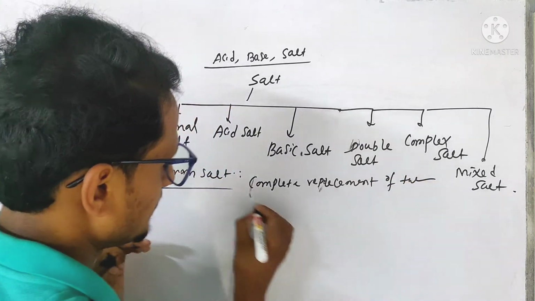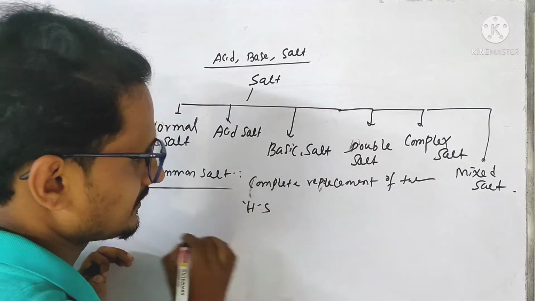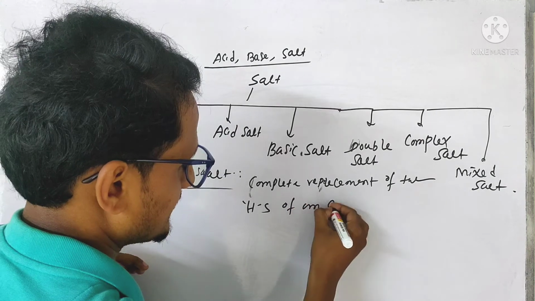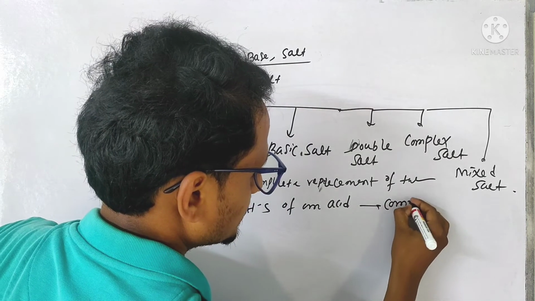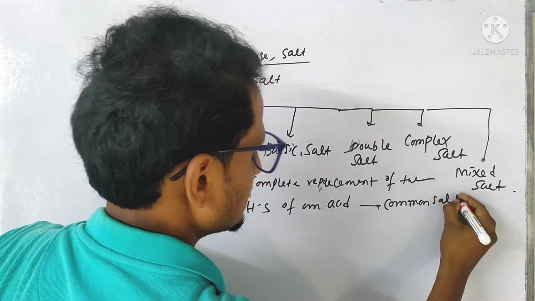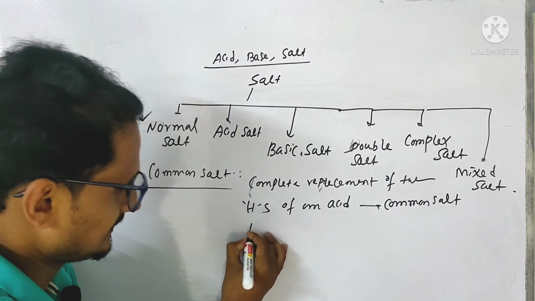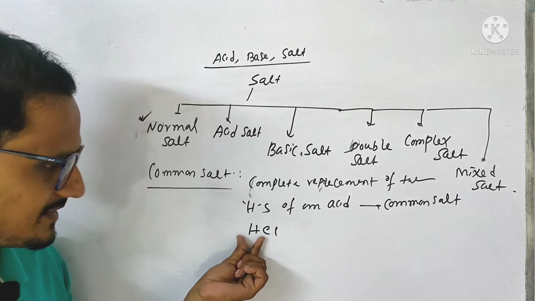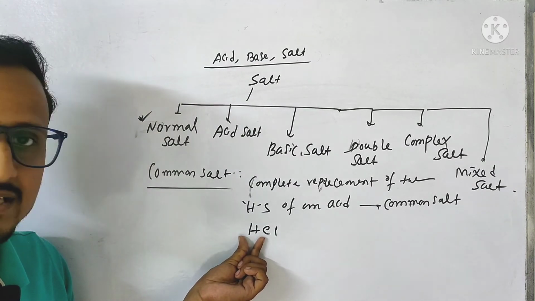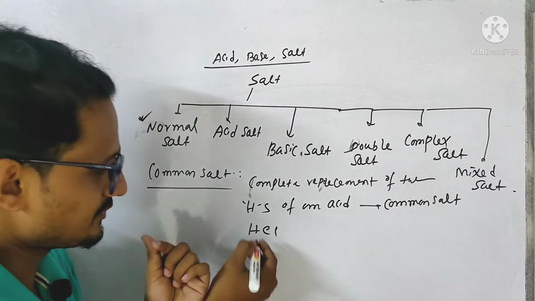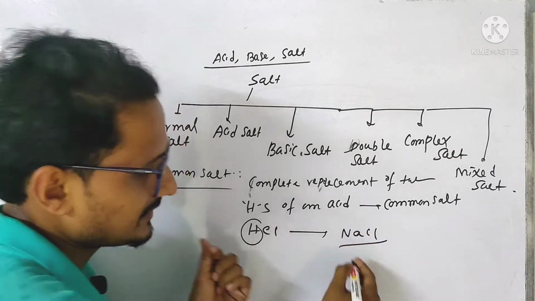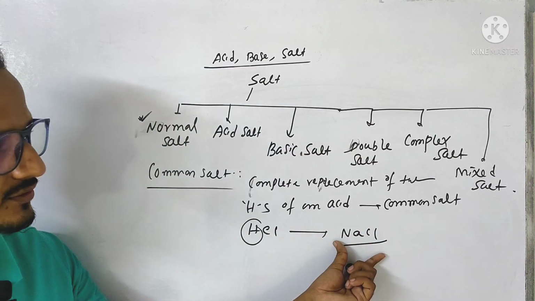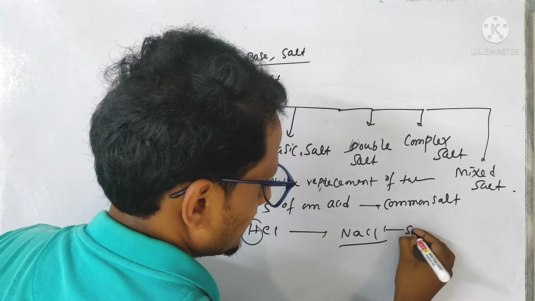Say HCl. Here one hydrogen is completely replaceable. If it is replaced by sodium ion, then the salt formed is called common salt, sodium chloride.